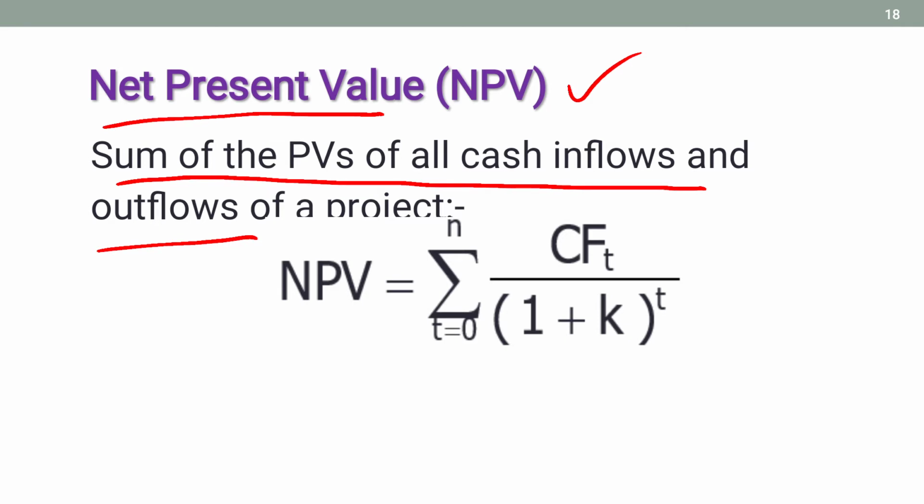NPV is equal to the sum, with t starting from year 0 going up to n years, of cash flow at time t upon (1 plus cost of capital) to the power of t.